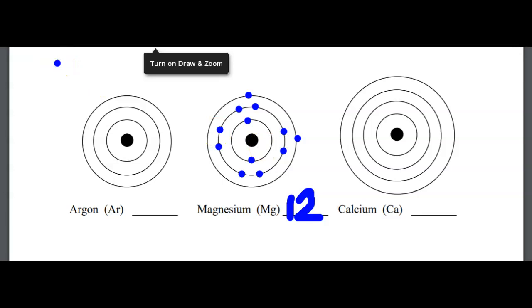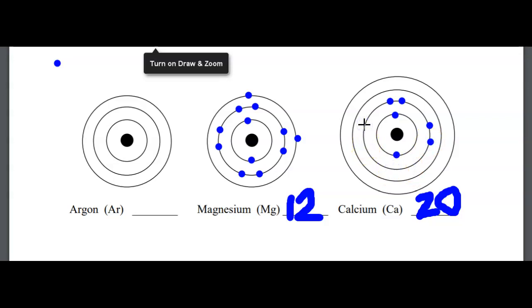All right, last but not least, we have calcium, which actually has an atomic number of 20. This is a big one, but remember, I'm not requiring that you do this one. We're just going to do this as an example. So right in the first energy level, we can only hold 2 electrons, 1, 2. Then we can fit 8 out here in the second energy level, 3, 4, 5.